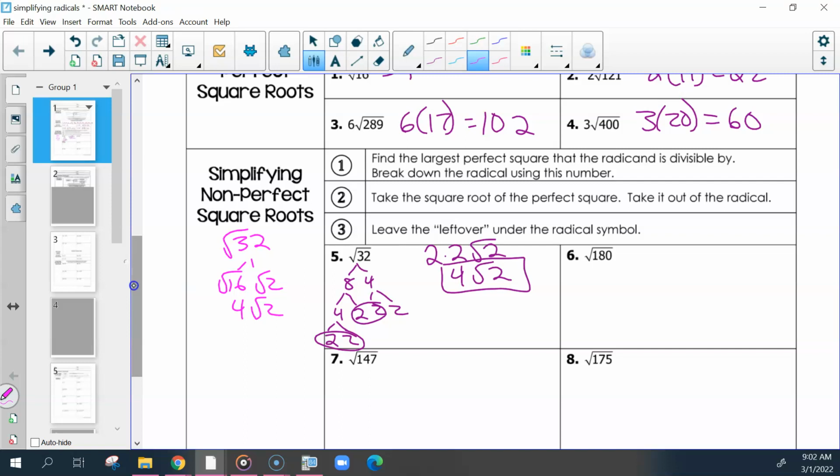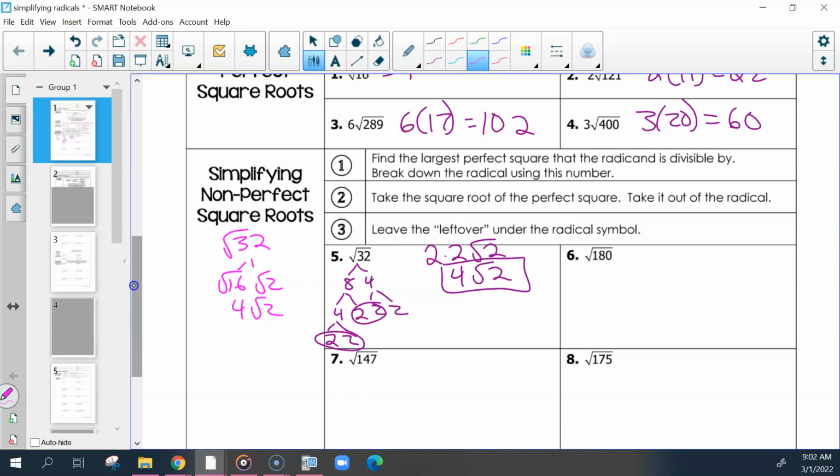So this is the simpler way to do this, yes. But when these numbers get really big, you may forget or not see what is the biggest perfect square you can divide, and then this becomes a longer process.